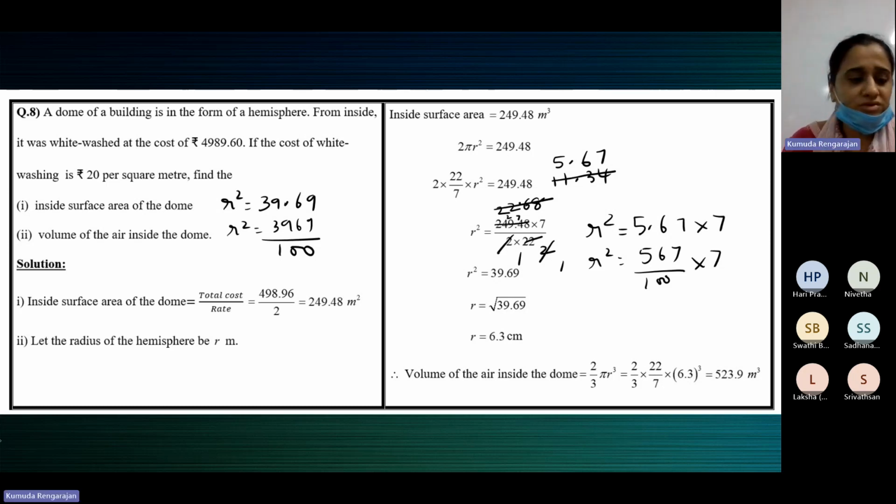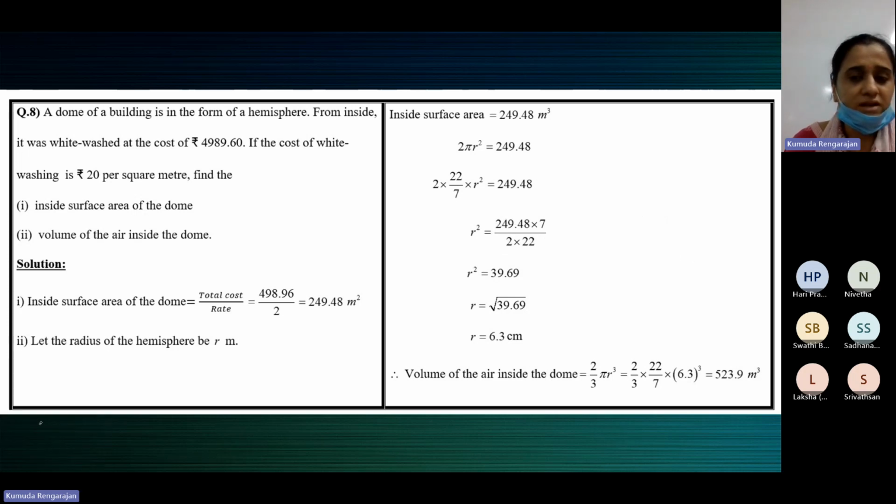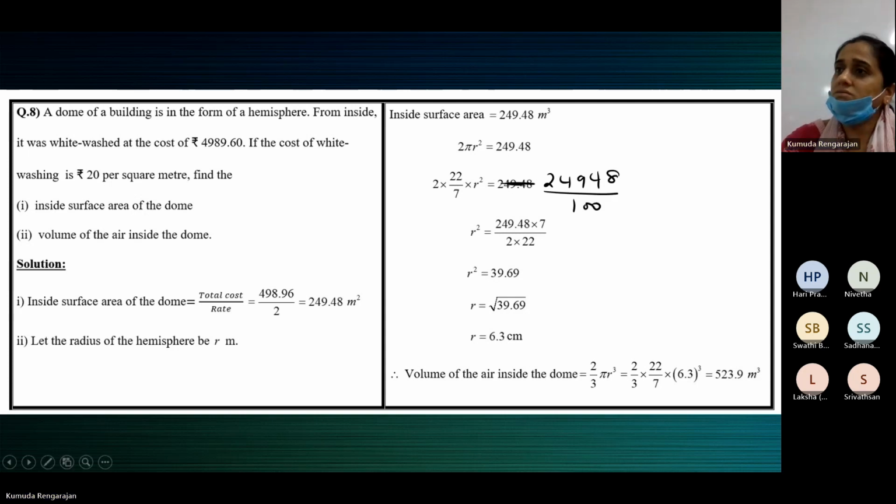No, I'm trying to say that there's nothing difficult about cancelling. If you didn't want the decimal point, here itself you can write this as 249.48 by 100. That's all. If you don't want the decimal point, just write this one by 100.